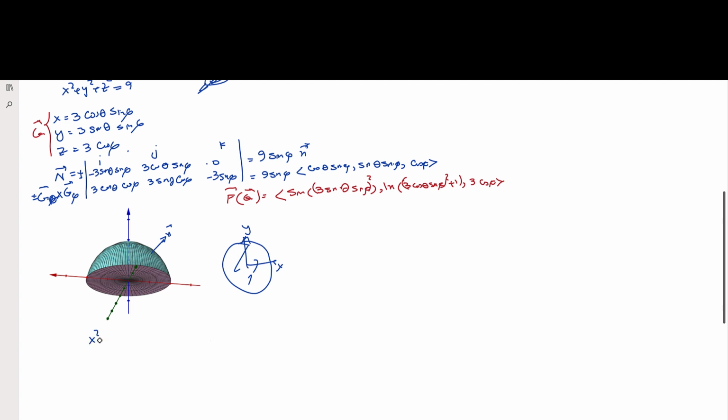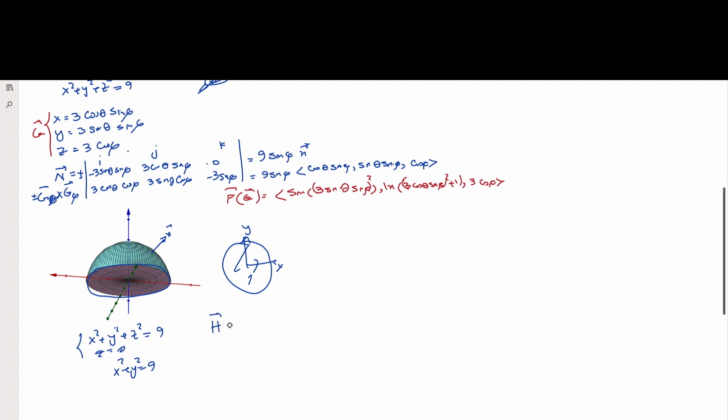The circle around the disk is the intersection of the sphere with z equal to 0, which is just x squared plus y squared equals 9, and therefore the disk can be parameterized.